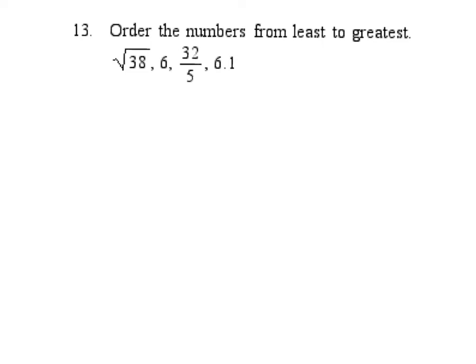I can't compare some of these numbers how they are right now because some are decimals, some are fractions, some are square roots. So I'm going to do the square root of 38, and I'm going to choose to round to probably the hundredths place just to save myself a little bit.